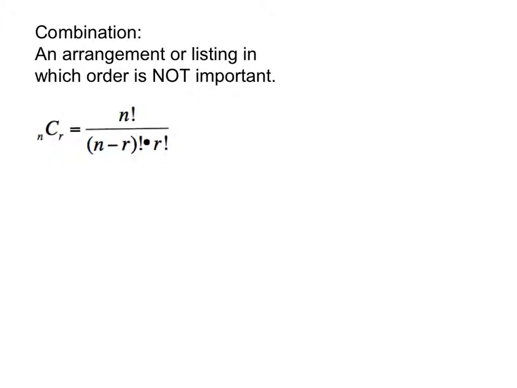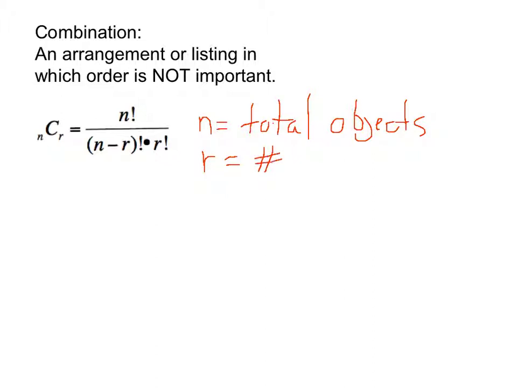Again, n here equals total objects. r here is still the number of objects I'm choosing or selecting. Same as before.